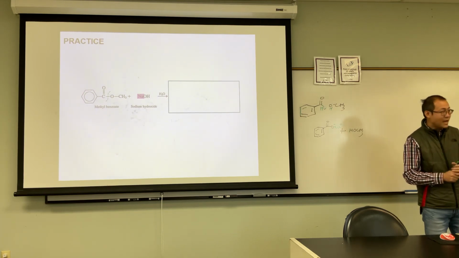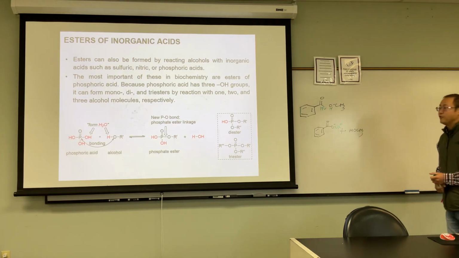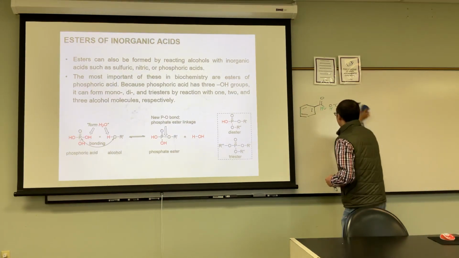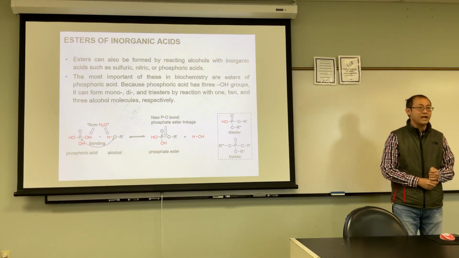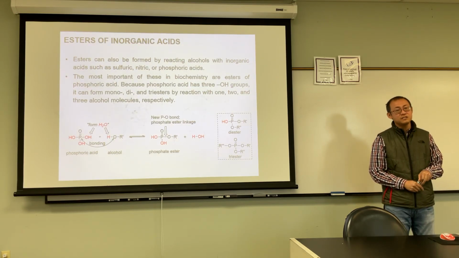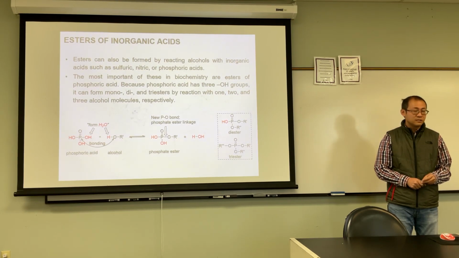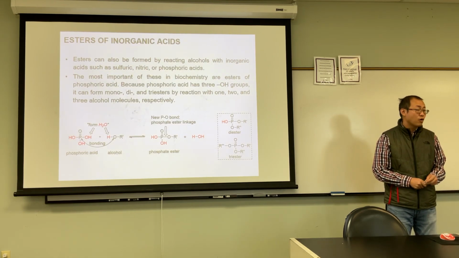One last topic we're going to study is the ester of some inorganic acids. The reason we study this topic is that you will see this type of structure a lot when we study biochemistry, in carbohydrates and more in nucleic acids.